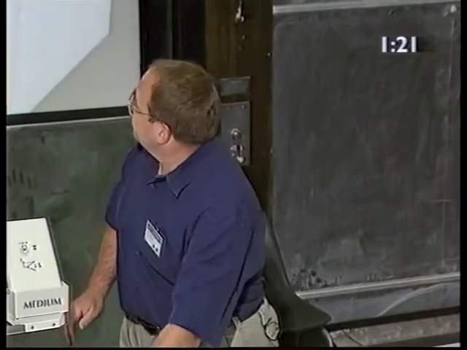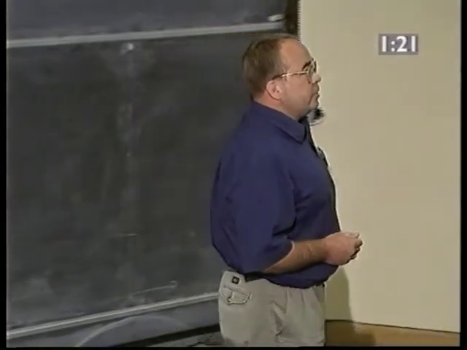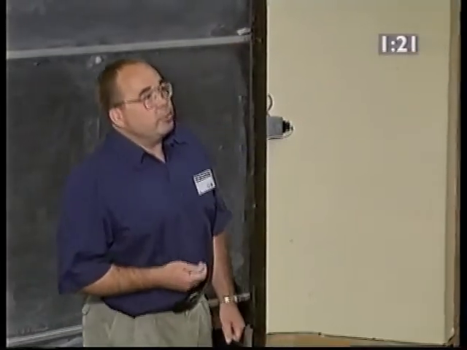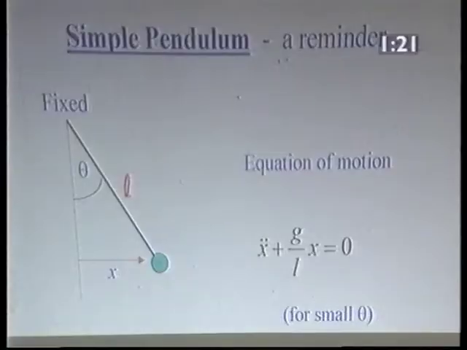So we're going to be looking at this system, and it seems to be related to what you're already familiar with, maybe a simple pendulum. Just to remind you of the main results for a simple pendulum, imagine a mass on the end of a string at some position making an angle theta with the vertical, and an x coordinate horizontally measured from the equilibrium position.